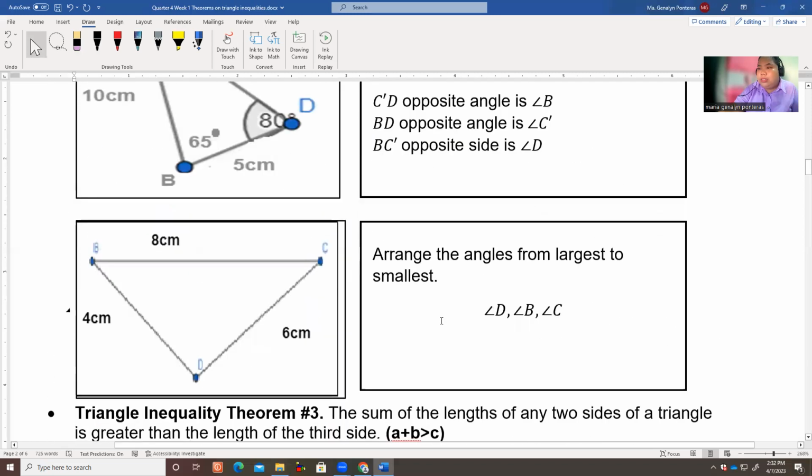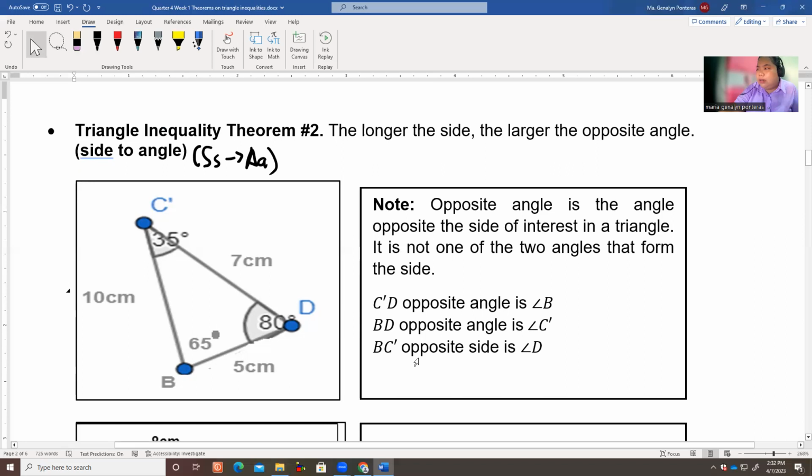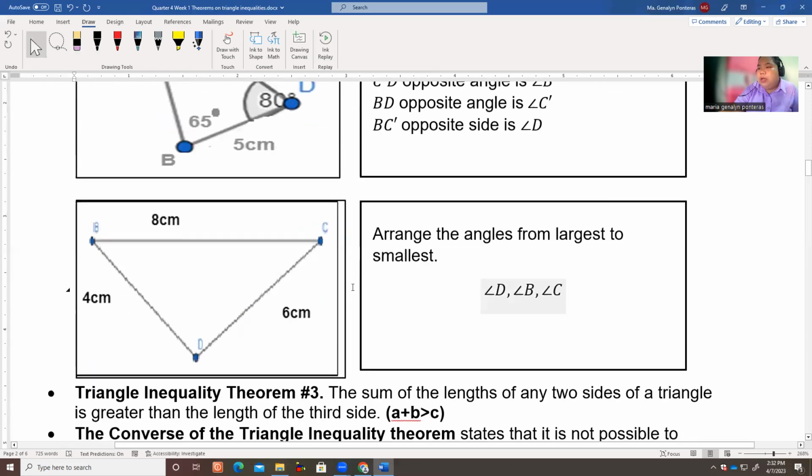Now, what's the essence na alam natin yung triangle inequality theorem number 2? So in our example, kapag ang given ay sides lang, pero tinatanong niya ay largest angle, titingnan natin yung mga angles na opposite nila. So let's say for example, ang pinakamaliit natin ay C, 4 cm.